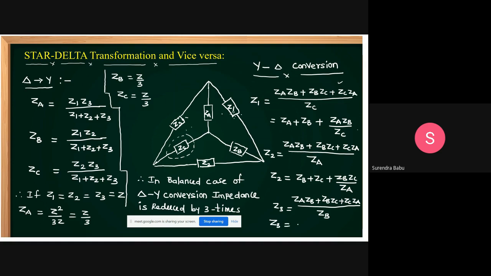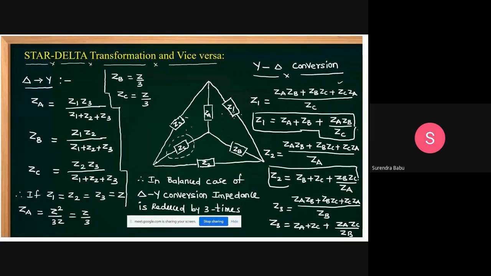Therefore, Z3 equal to ZA plus ZC plus ZA, ZC by ZB. We are calculating star to delta conversion, which means we are calculating the delta connected network impedance. Okay, this is the calculation. Like this we can calculate.